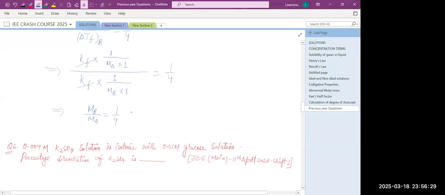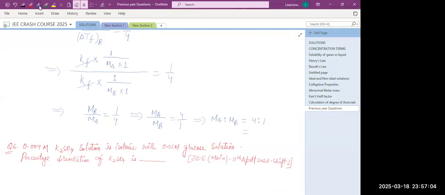So you get the ratio of molecular mass of A and B. Now just take the reciprocal: MA upon MB is 4 upon 1, so MA to MB is 4 to 1, or when you simplify it, you will get 1 to 0.25.